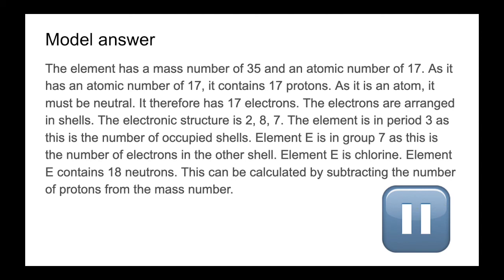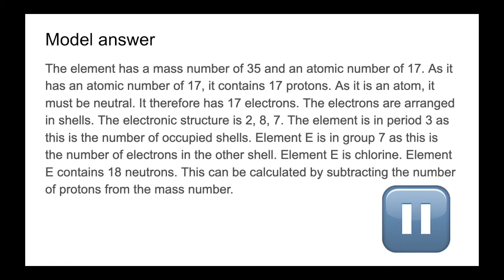A bit more information about the electrons. If you've learnt the electronic structure, you might remember that there are 2 in the first shell, 8 in the next shell, and 2 add 8 is 10, so there must be 7 in the third shell.